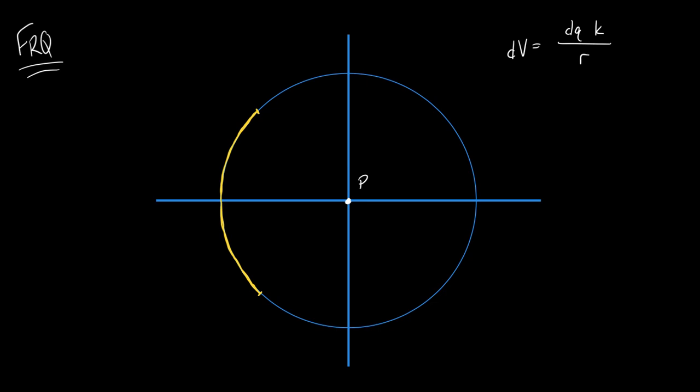It's important to understand that we started from a position where there was no electric field measurable from the charge distribution. And we had to travel to a location, in this case, point P, from infinity. And that's where this function comes from.